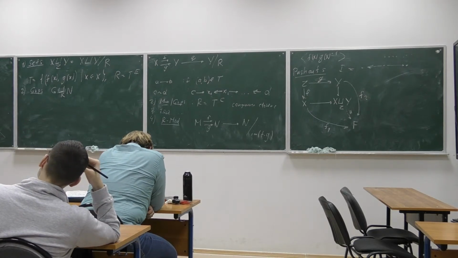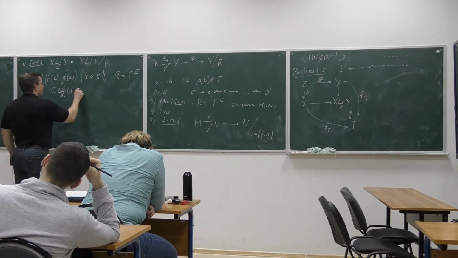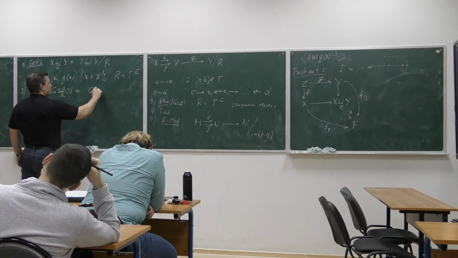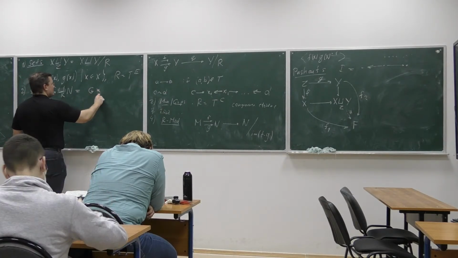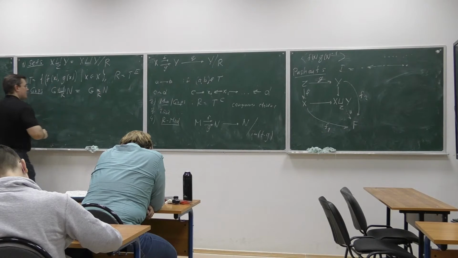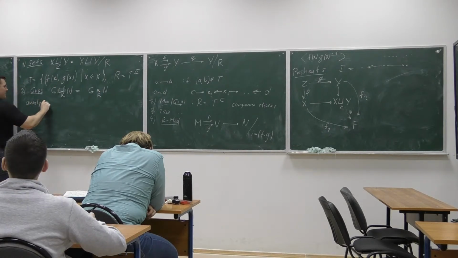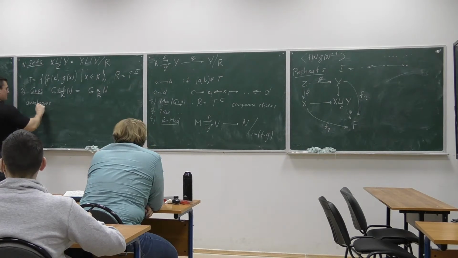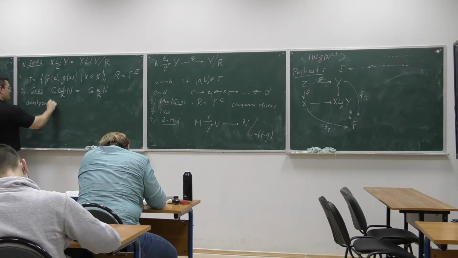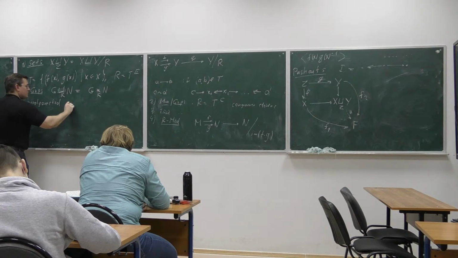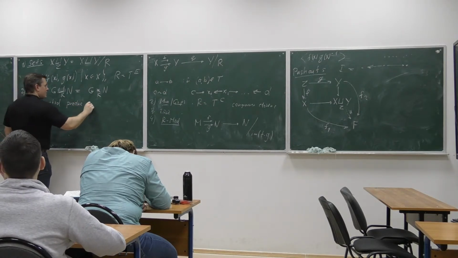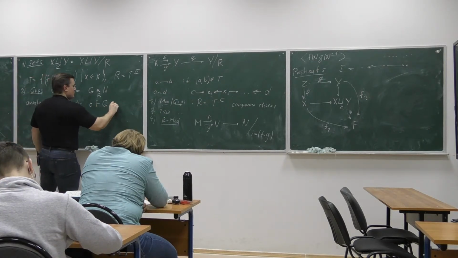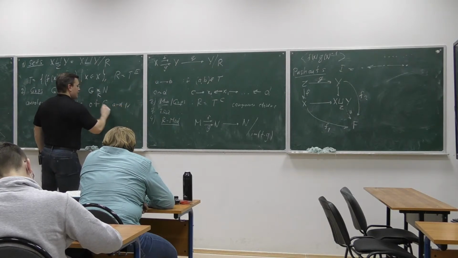Yeah, so our notation is this, and this is called the amalgamated product of G and N over K.